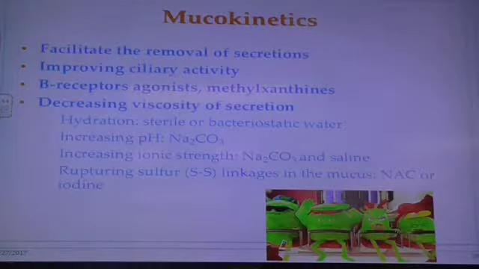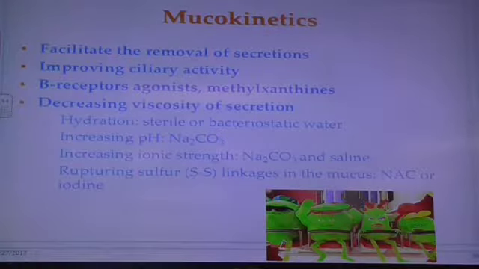Once you increase the pH, the mucus is going to be broken down and have less viscosity. Or you can use a solution with increasing ionic strength, like a high concentration of sodium carbonate or saline. In human medicine, they use saline to flush out the upper respiratory tract. That is going to reduce the mucus viscosity, and the mucus is going to be expelled from the respiratory tract.